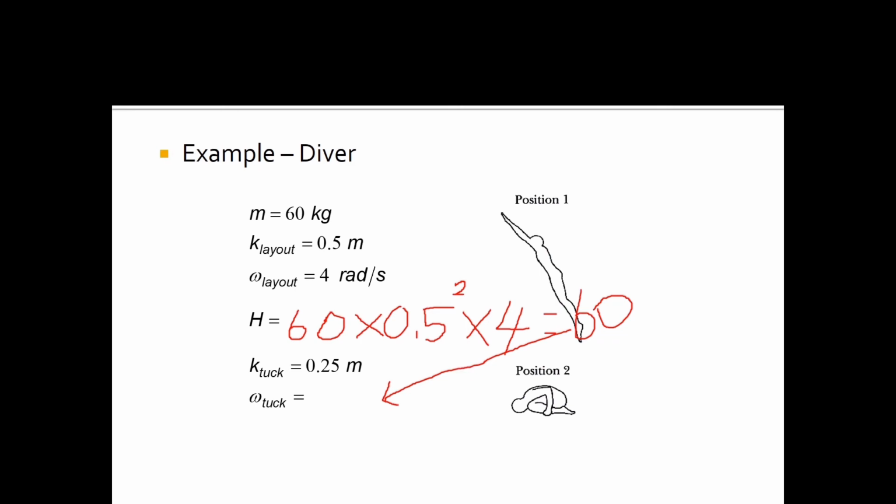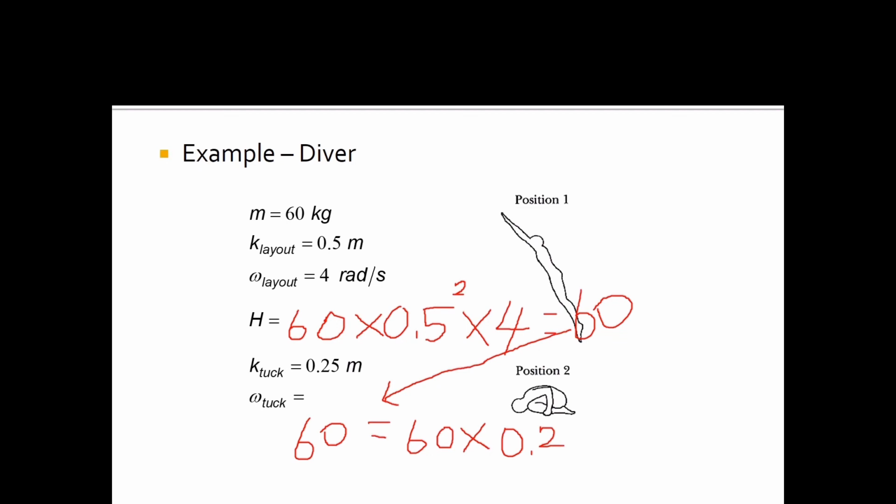And then this angular momentum must be the same as the angular momentum at position 2. So I can bring this value simply here. Angular momentum at position 2 is equal to mass, again the same, 60, right? We are dealing with the same participant. He just changed his posture. Now look at his k, radius of gyration at position 2.